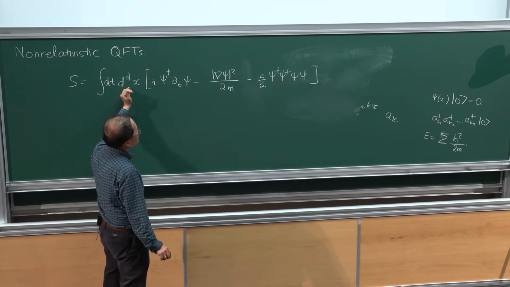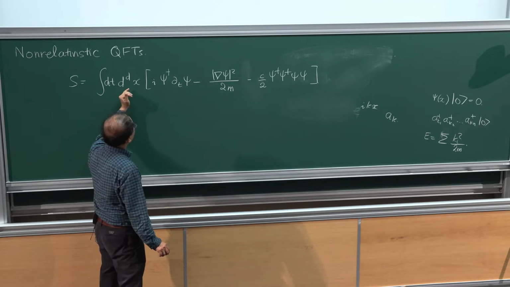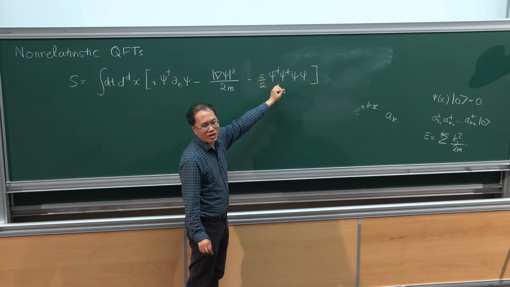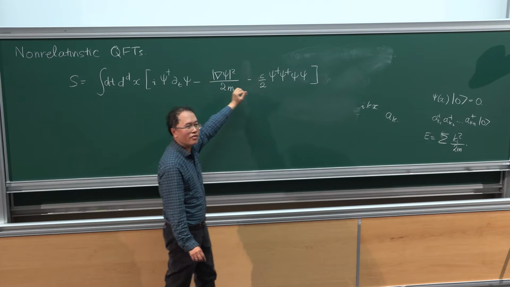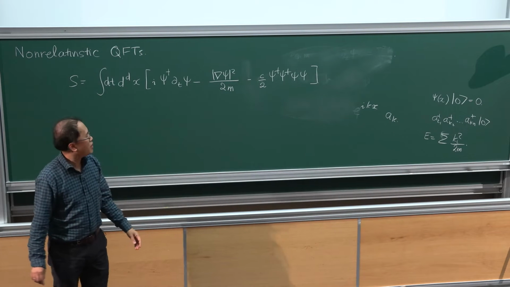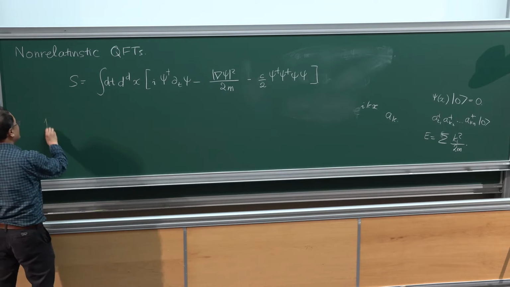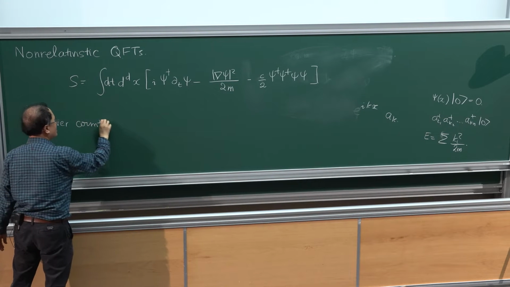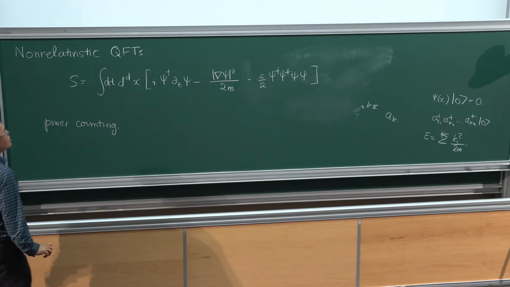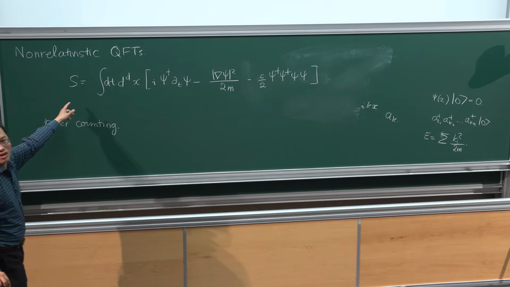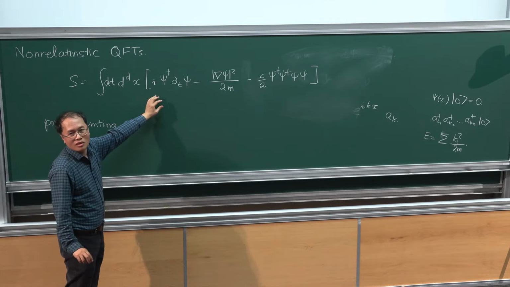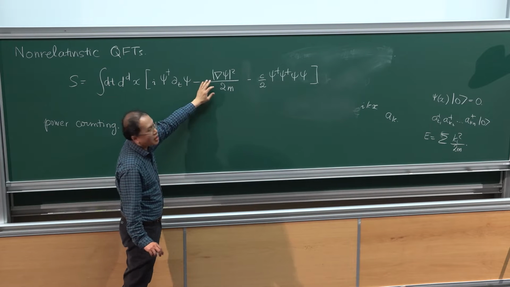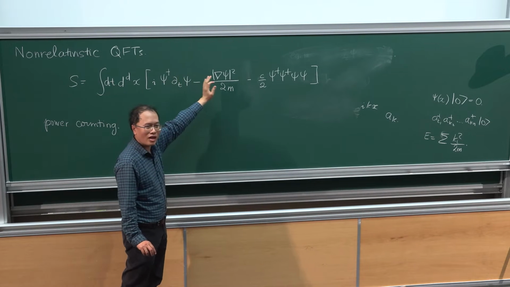So the first thing we would like to determine is whether this interaction term is relevant or irrelevant. And for that we need to do a power counting. The power counting in a non-relativistic theory like this, to be consistent, we have to assign different dimensions for space and time.